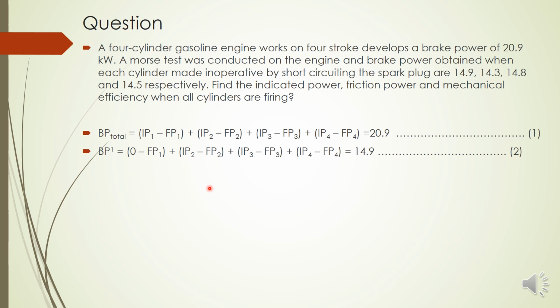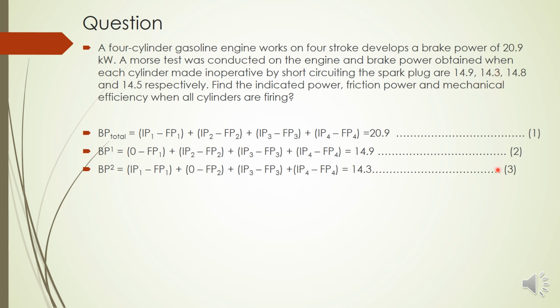Similarly, for the second cylinder cut off, we can write the equation in a similar way, BP2. Now the first cylinder has developed power, so IP1 will come, but IP2 in this equation becomes 0, and the remaining terms are the same. This is given as 14.3. When the second cylinder is cut off, the power is reduced to 14.3.